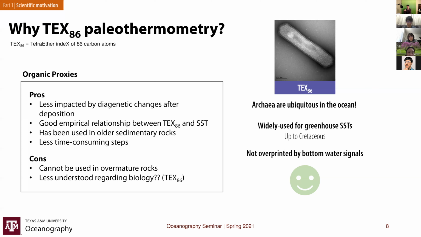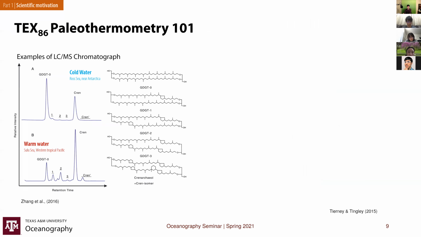It's ongoing research about who the real producer of these GDGTs is. But so far, we believe that what we find in the sediments reflects the growing temperature, which reflects sea surface temperature. So this is how the proxy works.